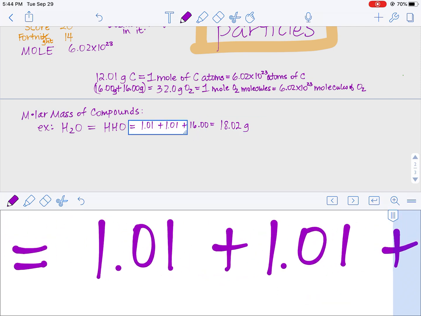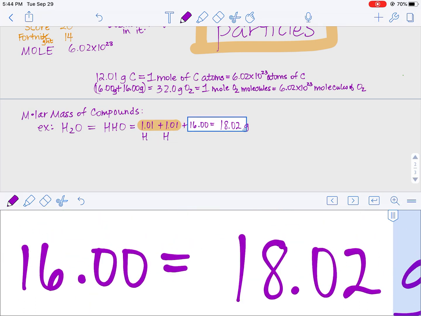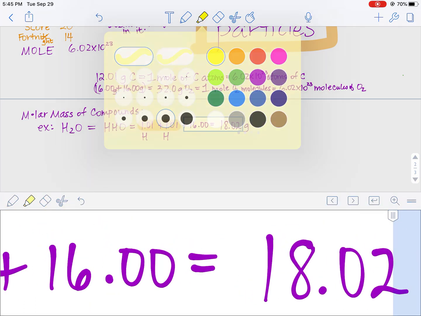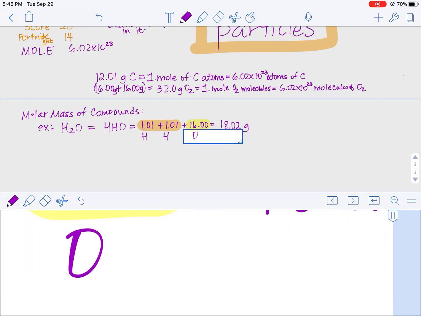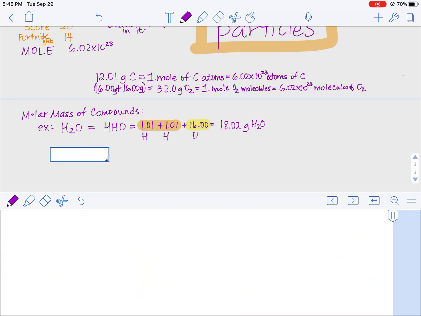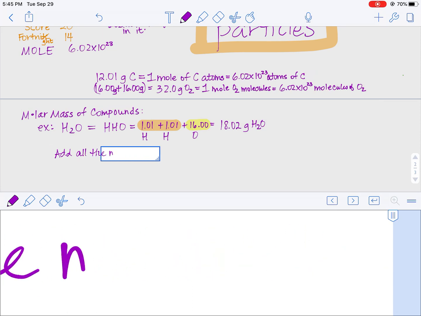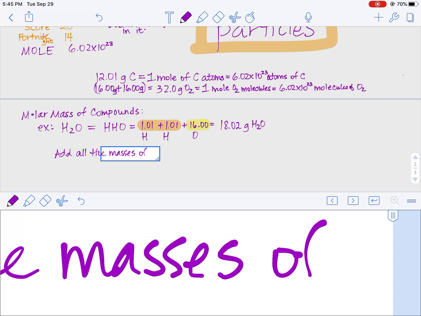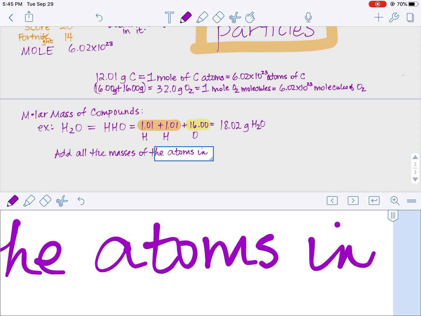All right, again, so what did I do there? The 1.01, that's the average atomic mass of each of my hydrogens, and the mass of 16, that came from the mass of oxygen. So adding them all up got me the molar mass of the compound H2O. Putting that into words, you add all the masses of the atoms in the compound.